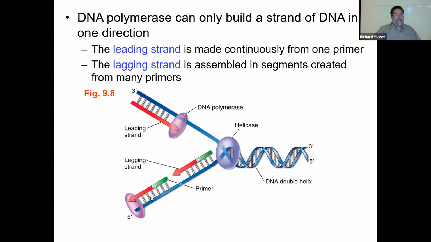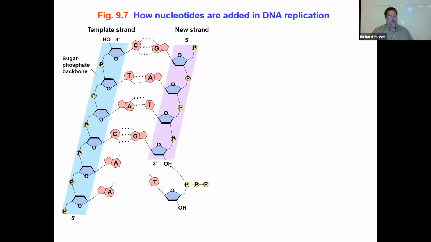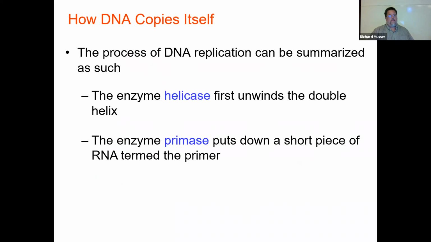There's also a strand that's what they call the lagging strand, which requires these primers to come in and hook up with the codons of about 3 pairs or so. At least that's what's shown in this picture. And then this enzyme starts putting in the rest of the nucleotides. And that's done with the primase. You see that?